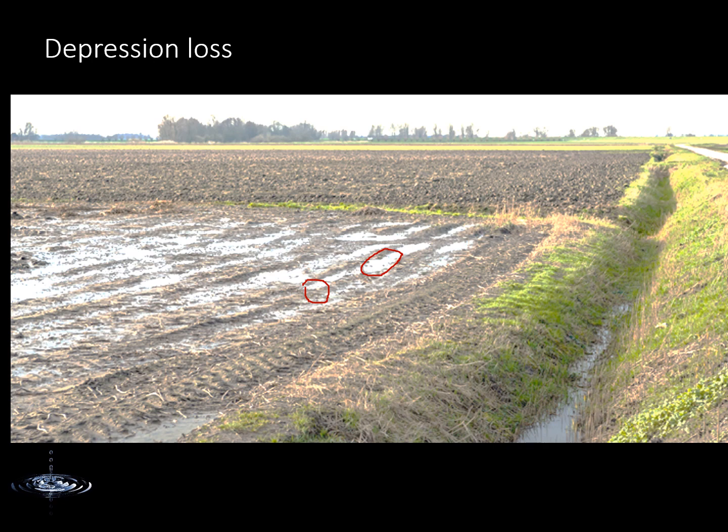It is not going inside the ground. It is also not contributing to the runoff. It is just staying there, and that initial loss is called depression loss. We need to consider that also in our design, so how much depression loss can be in our catchment.